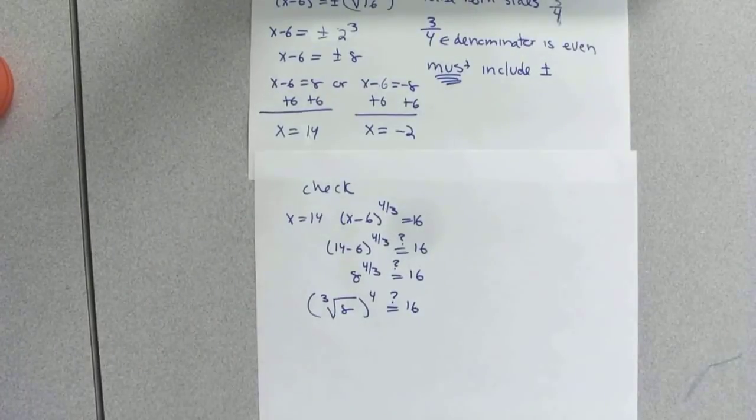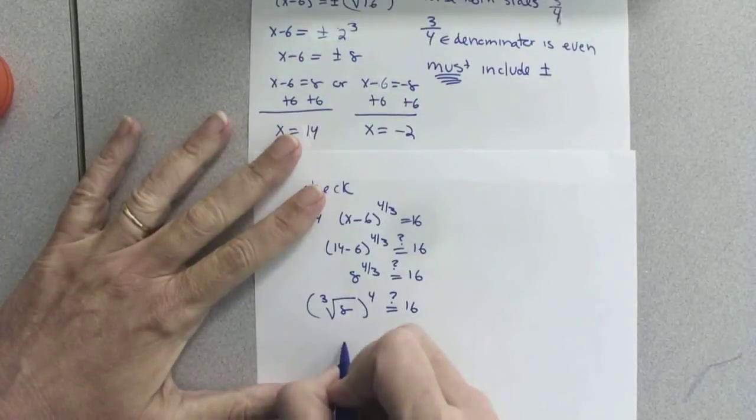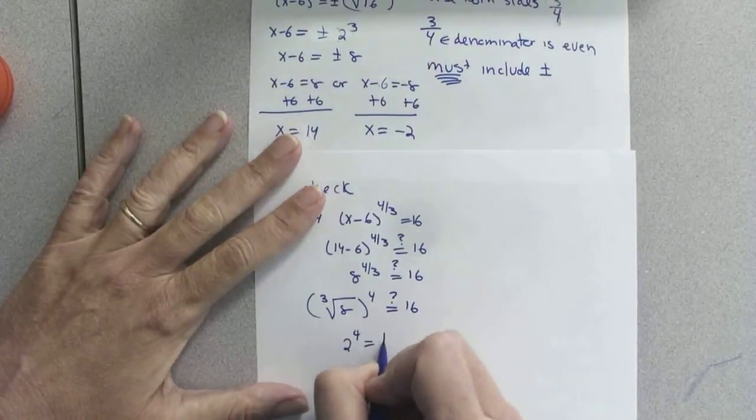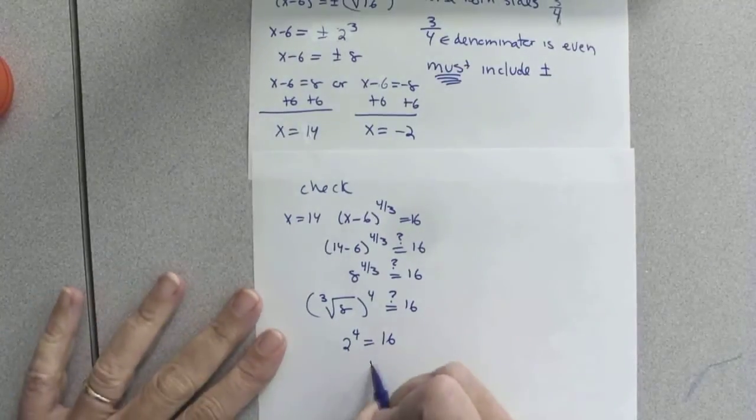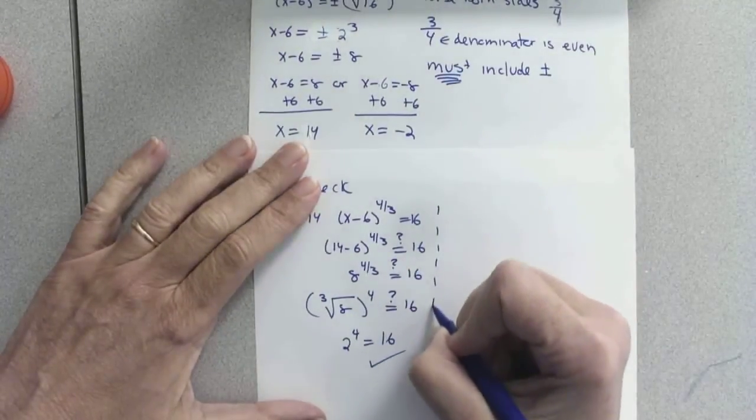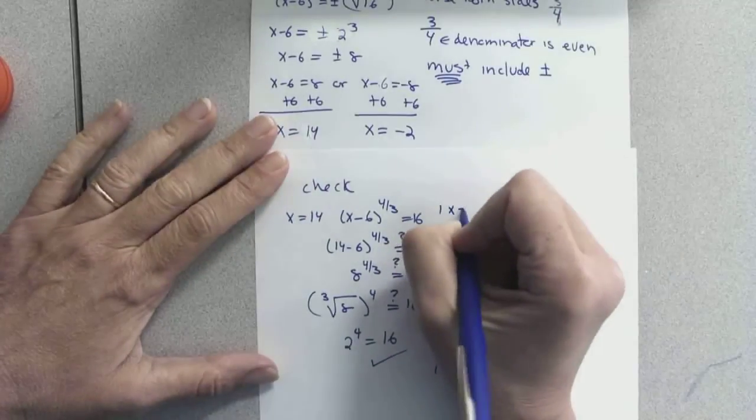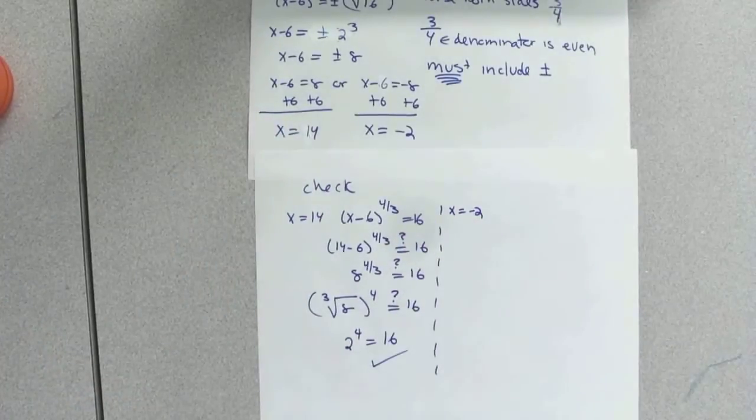Again, these other roots: cube root of 8. You're asking yourself what number cubed will give me 8. That would be 2. And then indeed, 2 to the 4th is 16. So this one checks.